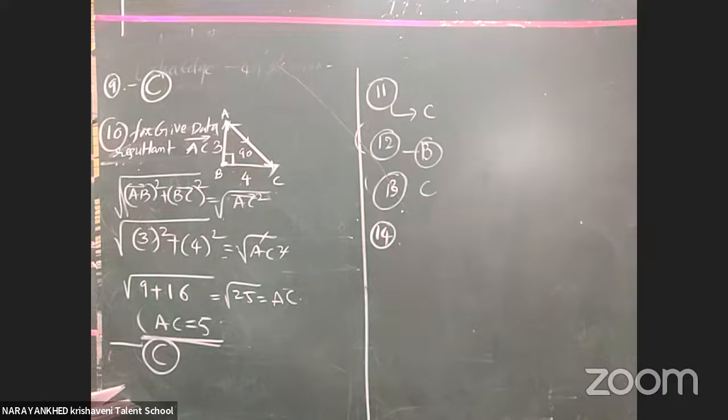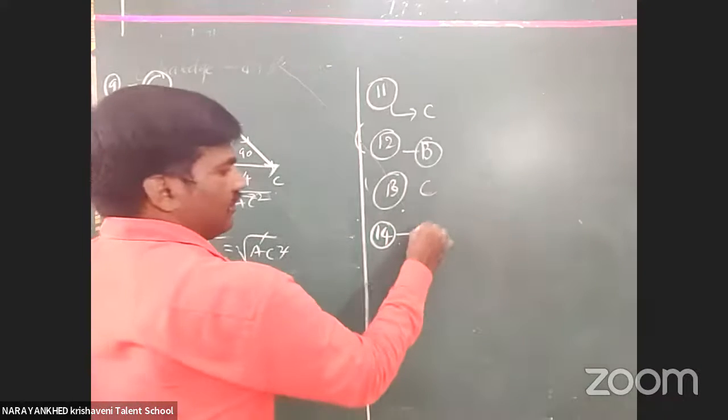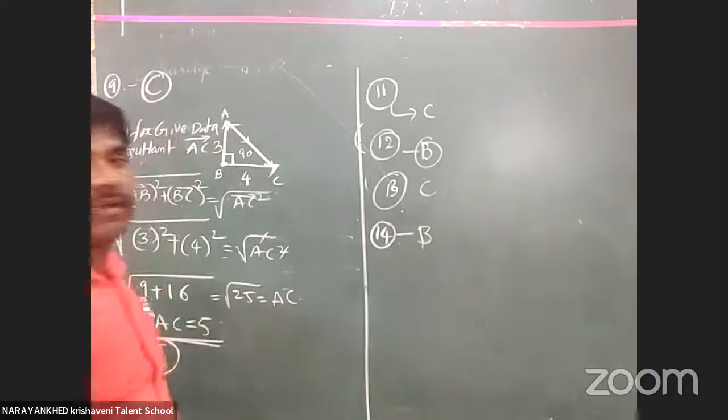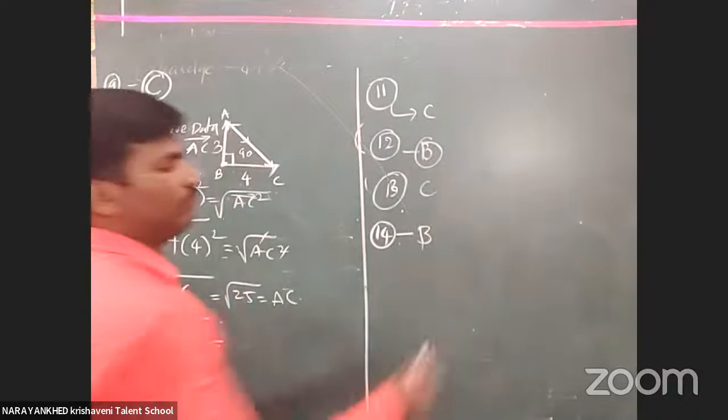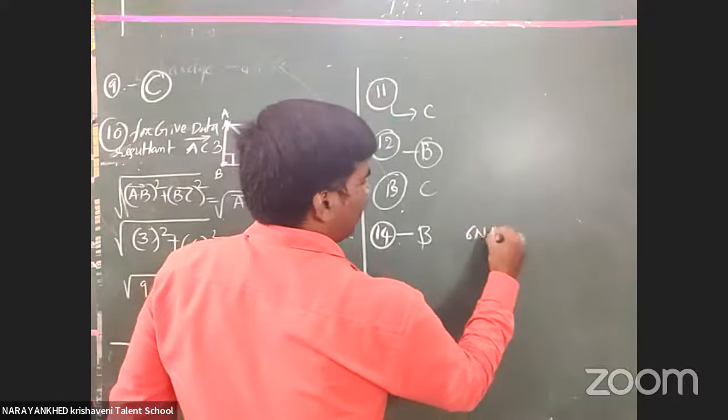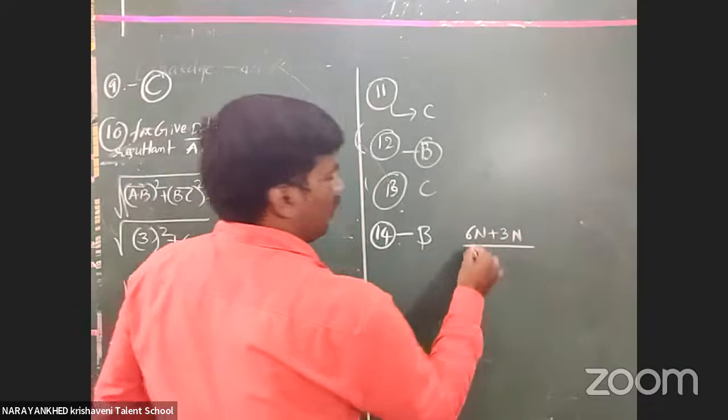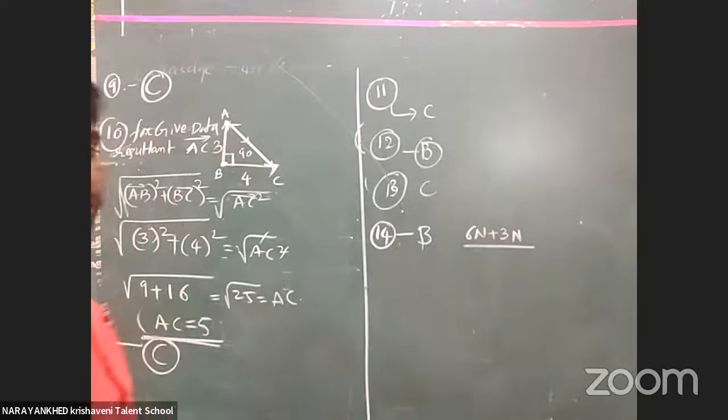They have given only the magnitudes, not any particular directions. So automatically it becomes 9 newtons only. Simply add the vectors: 6 newtons plus 3 newtons becomes 9 newtons.